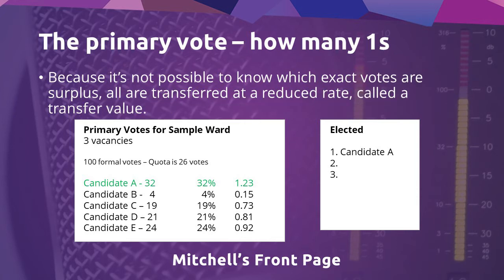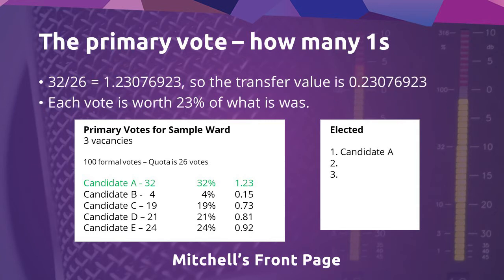Now, it's not possible to know which exact votes are the surplus and which ones got the candidate elected in the first place. So all 32 votes are transferred, but they're transferred at a reduced rate, which is called a transfer value. This is where it gets probably the most complicated, and that is, to work out the transfer value, we take 32 divided by 26, which is 1.23, and so on.